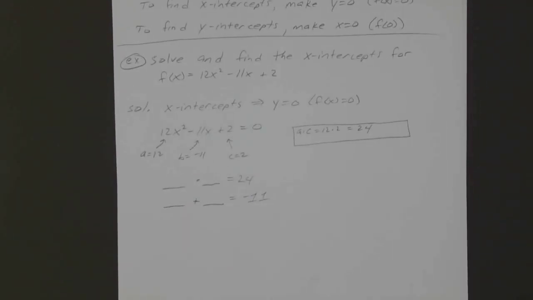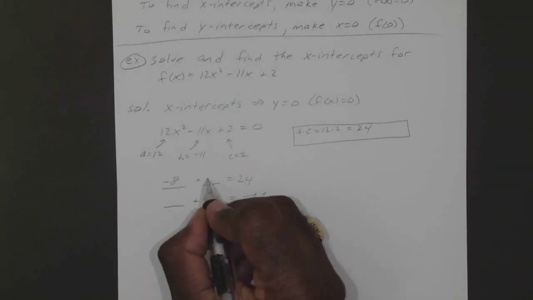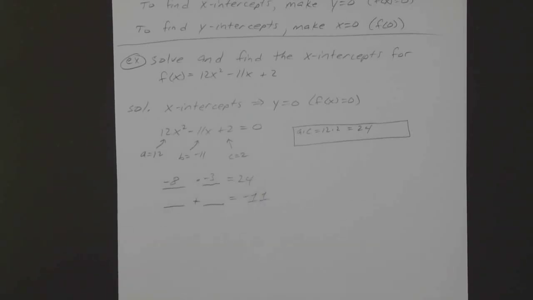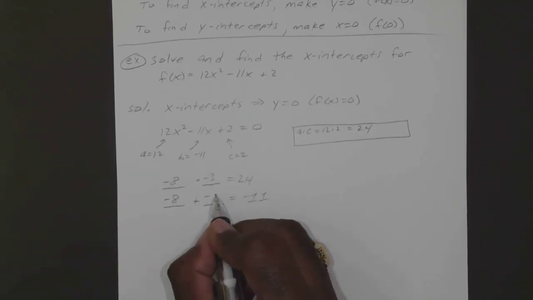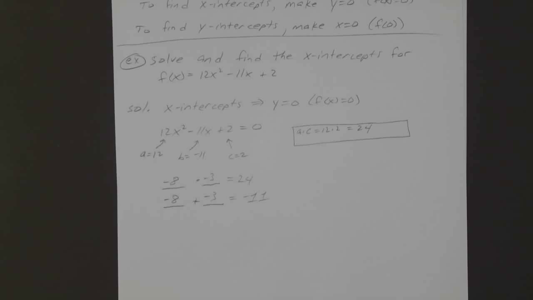Yep, negative 8 and negative 3. Negative 8 times negative 3 is positive 24, and negative 8 plus negative 3 is negative 11.